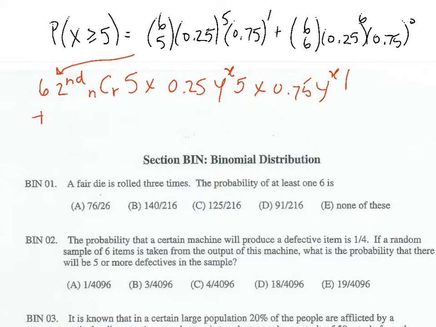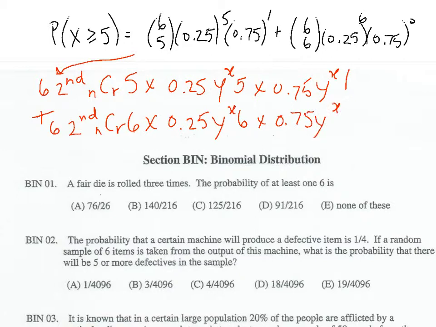Continue plus, and again this is on the TI 30XA, 6 second function NCR 6 times, and you'll see that will be equal to 1 times 0.25 y to the x 6 times 0.75 y to the x 0.